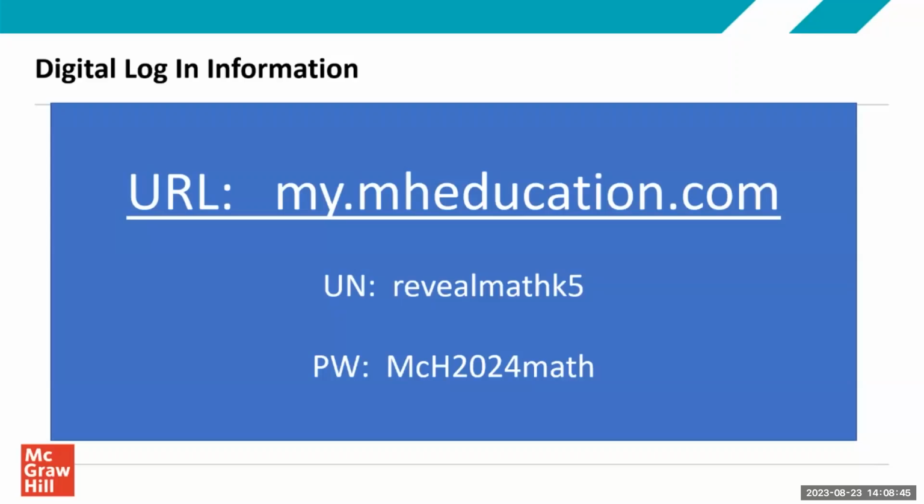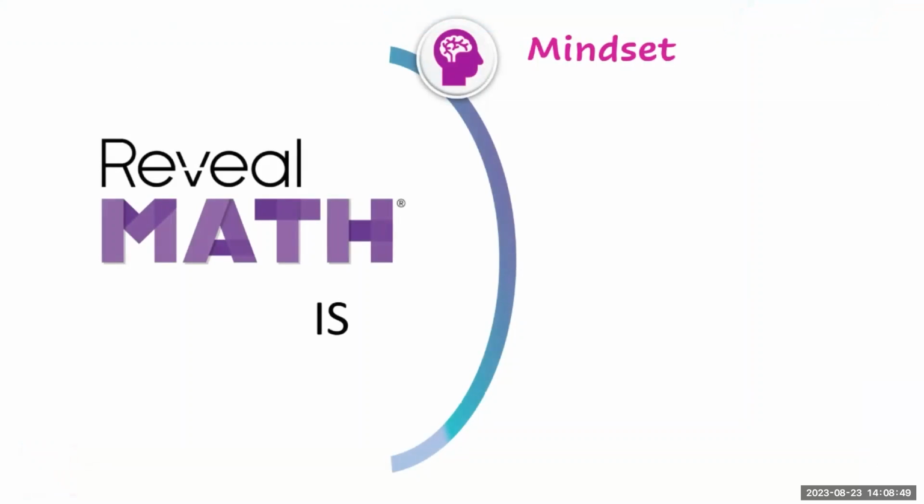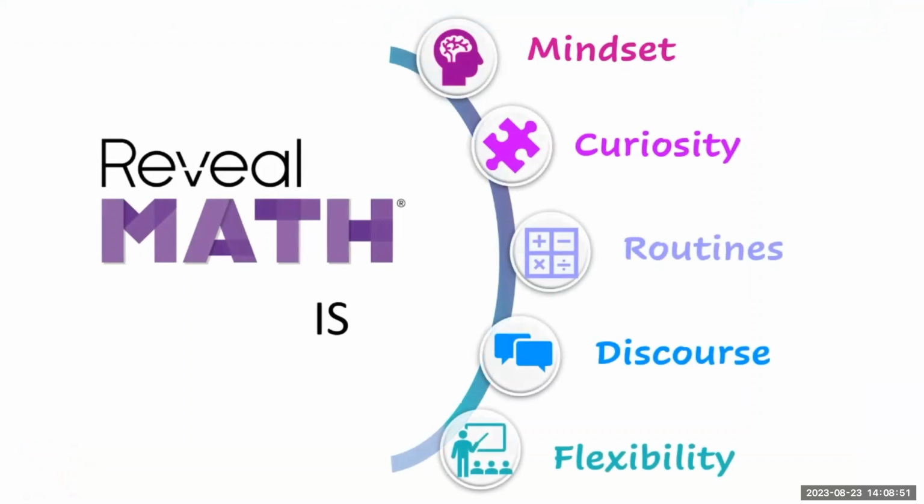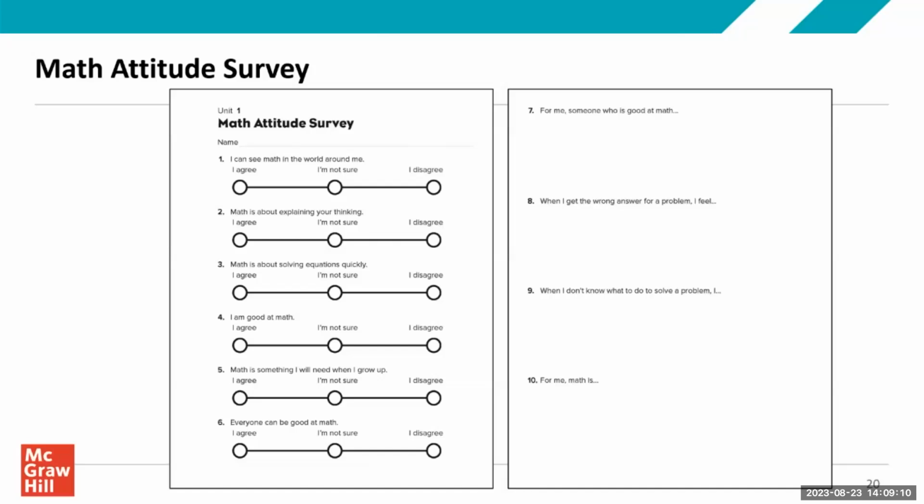And now we're going to jump right into Reveal Math and talk a little bit more about the structure of it. Now, some of those words that you talked about, joy, curiosity, mindset, those are some of the things that you're going to really see as your students begin to work through Reveal Math. As a matter of fact, one of the first things I encourage you to do whenever you begin Reveal Math is to give your students this math attitude survey.